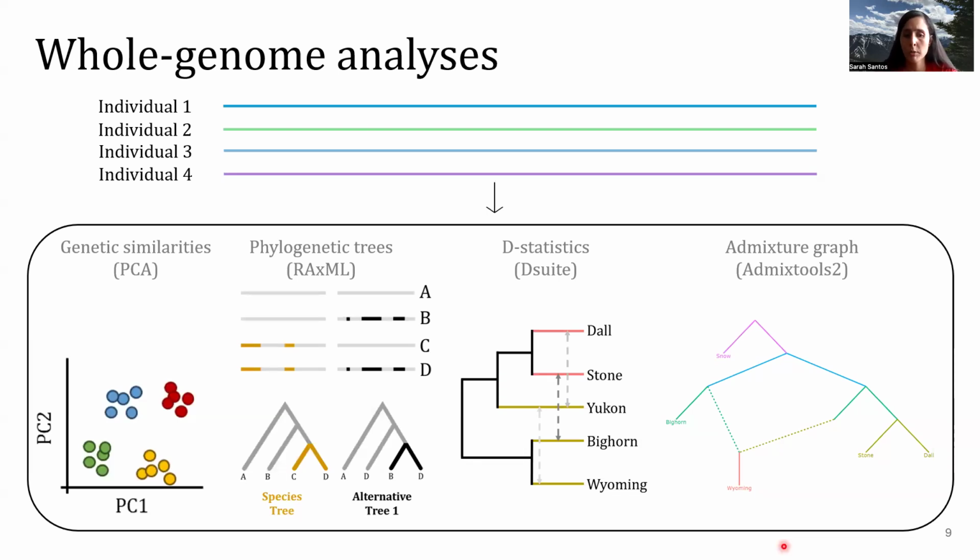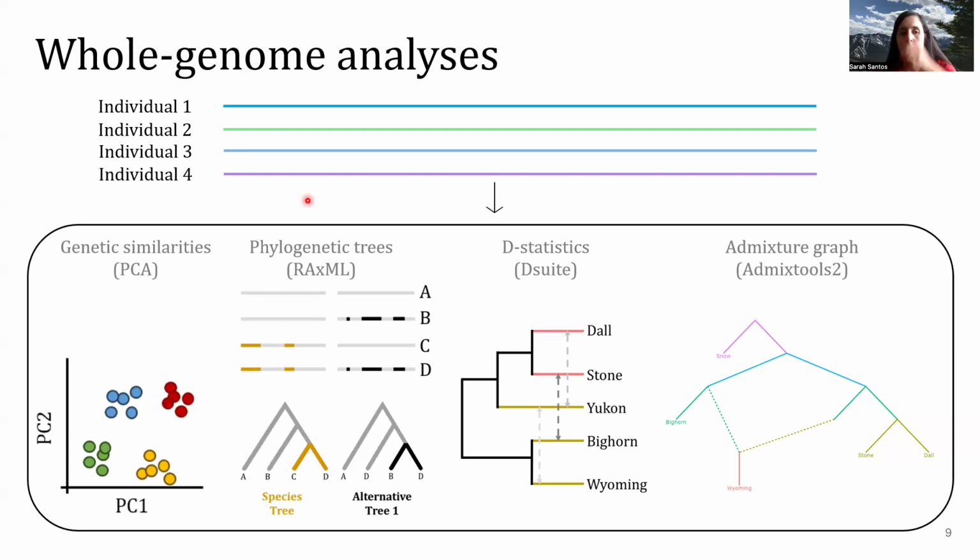A reference genome can be, for example, a domestic sheep, some very well studied group, and we can get our data for different individuals and map that to the reference genome, so that every individual has the same coordinates. So that's what I'm showing here. They would all have been aligned to the reference, and then we can analyze and partition the data and use different methods to understand their evolution.